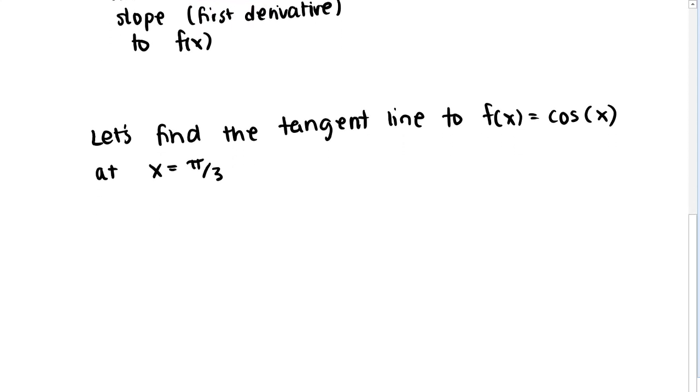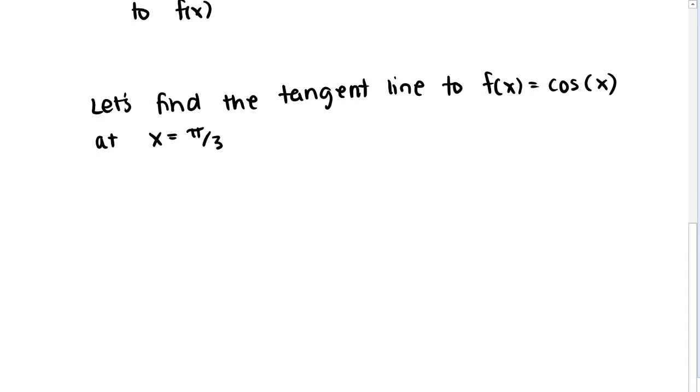And so how do we go about finding the tangent line to f of x? Well, here we can use point-slope form. So here, if we take y minus the y value of the point on our line, so f of pi over 3, this is going to be the output value of our curve at x is equal to pi over 3. Y minus this y value equals the slope, so here the derivative evaluated at pi over 3, the slope of our tangent line, times x minus the x value of our point, so x minus pi over 3.